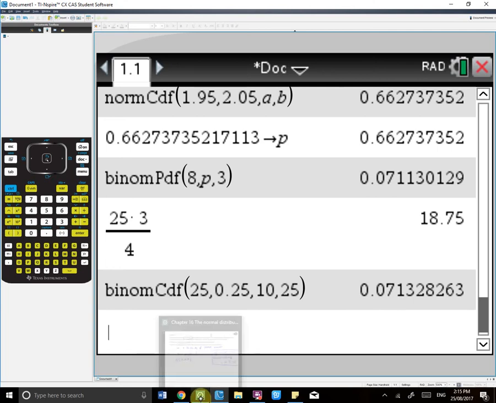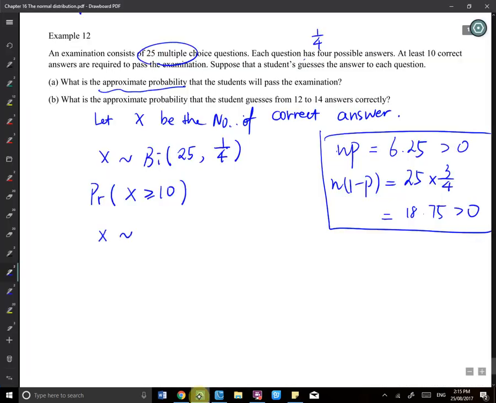So now I want to change that to a normal distribution, so I'll use the normal approximation. np is 6.25, so I'll just use 6.25 as the mean. And what is np(1 minus p)? That's the variance.